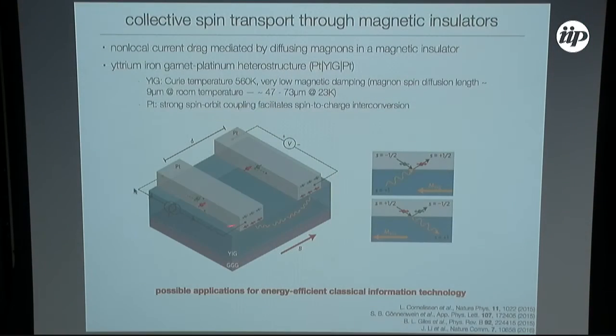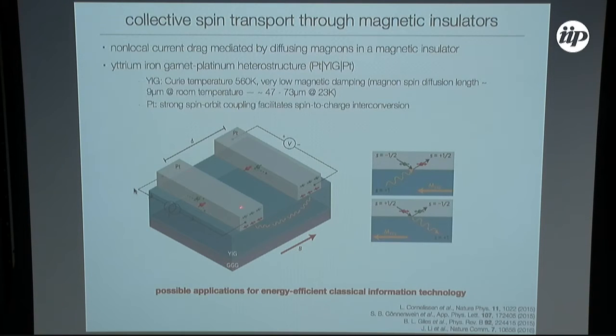Okay, so the motivation for this work is rooted in a series of experiments done in the spintronics area where they look at non-local current drag that's mediated by diffusing magnons in a magnetic insulator. The setup I'm talking about here is a magnetic insulator, YIG typically used in spintronics, and then you have a platinum contact on one side, which has a current driven through it.